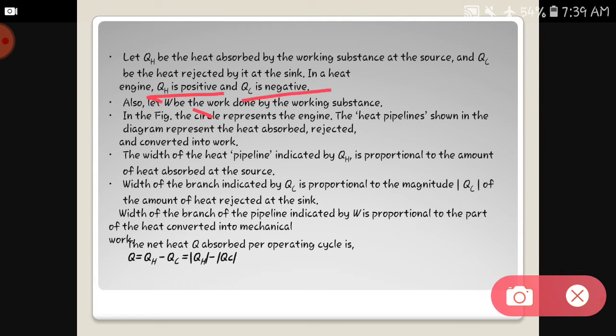This is really very important: the heat which is absorbed is considered positive, and the heat which is given out to the sink or rejected is the negative one. Even as we say that work is done by the working substance as it is heated, from where did it get the heat? It got the heat from the hot reservoir, or the source.